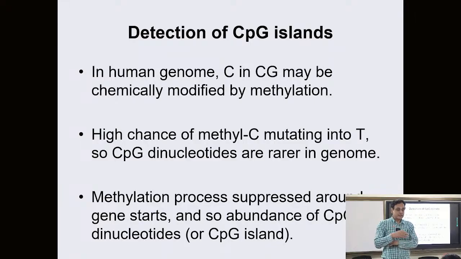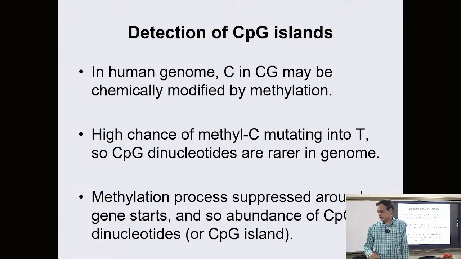And when there is an abundance of CG in a region, that region is called a CpG island. Okay? So, one of the problems in molecular biology is to identify CpG islands in a genome, and Markov chain models have been used for predicting CpG islands.